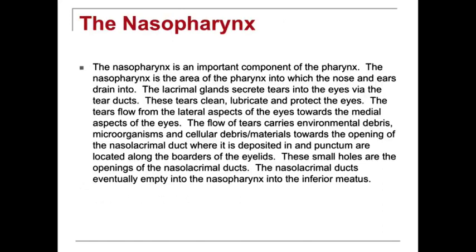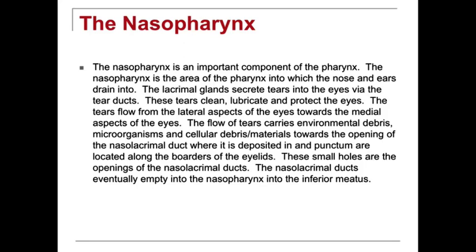Nasopharynx is an important part of the pharynx. It's the area of the pharynx in which the nose and the ears will drain into. Even the lacrimal glands secrete tears into the eyes from the tear ducts, and the tears are going to clean and lubricate and protect the eyes. The tears are going to flow from the superior lateral aspect of the eyes down towards the inferior medial part.